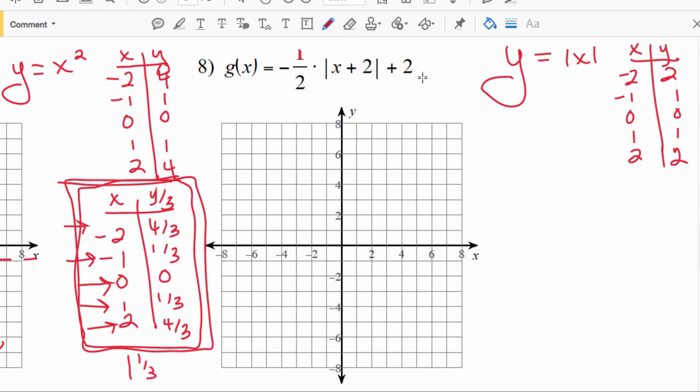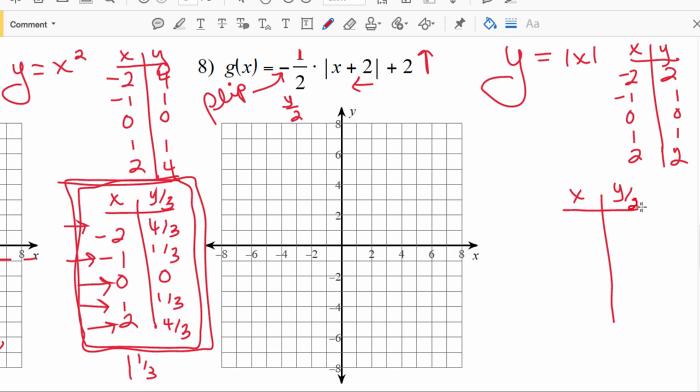And I have a shift up and a shift to the left, and I'm multiplying my y values by 1/2, so your y value is getting chopped in half. And then once again, we're flipping over the imaginary x-axis as a vertical flip. Our graph's going to be upside down.